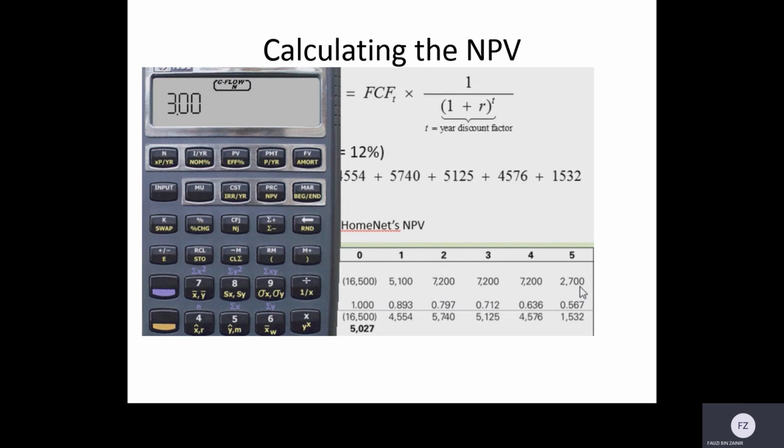And the last one, we key in 2,700, then press CFJ. Then you press the interest rate, which is 12, 12I, and then orange and NPV. So you have the same figure, 5,027. That's one of the ways to do that.